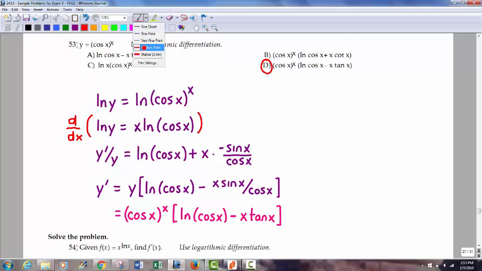Now, we saw this come up earlier. The derivative of ln of y with respect to x would be y prime over y. And it will always be y prime over y. So when you're doing these kind of problems, you don't have to even think about it once you get used to it. That's always going to be y prime over y for this side. There, makes that a little easier. Anything to simplify the process, I'm all for.